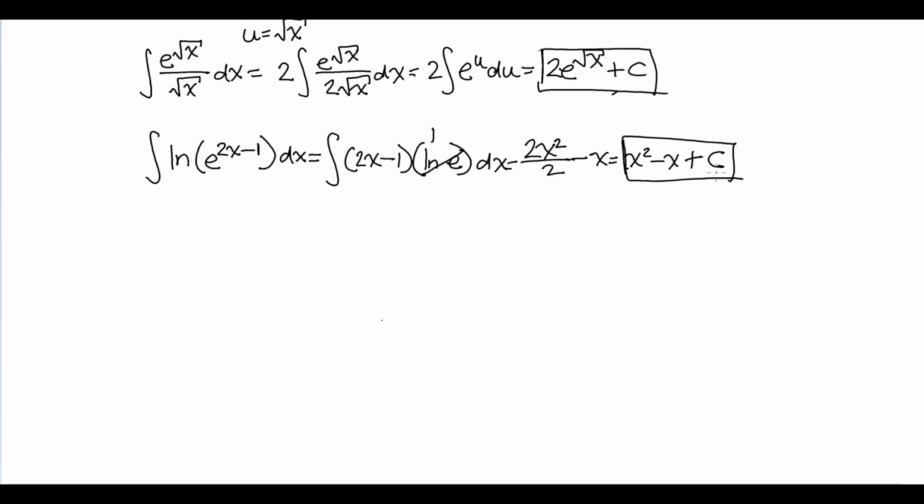Let's do another, okay? Because we can just keep on doing all these integrals. So let's do a definite integral from 1 to 3 of e to the 3 over x, over x squared.